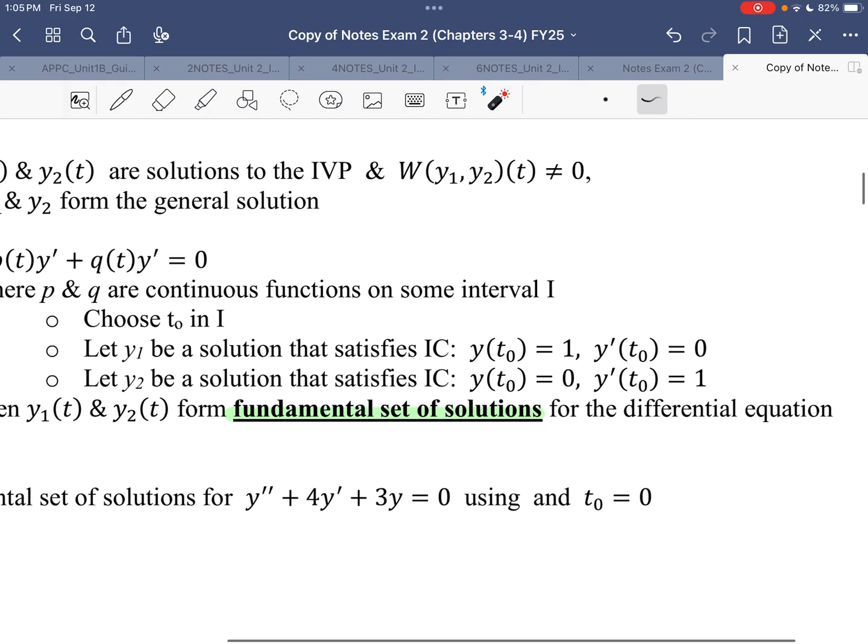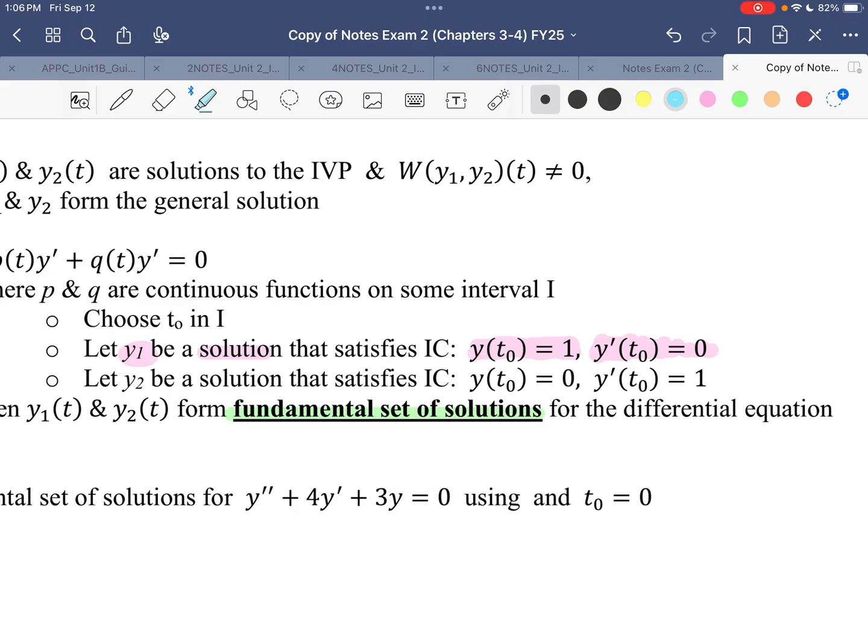It says y1 is a solution when we put in the t naught value, in this case 0, and the y value is equal to 1. And the derivative of that first solution, when we plug in t naught, equals 0.